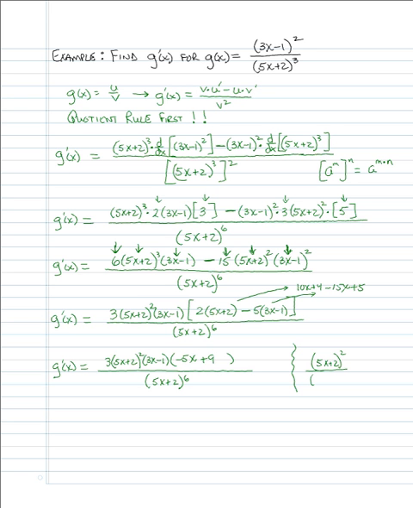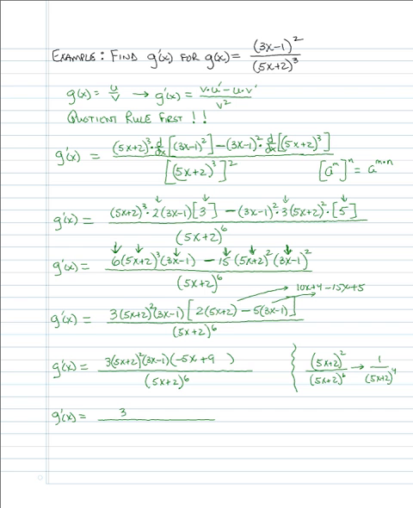And on bottom, I have 5x plus 2 to the sixth power. And so I really have left from this part a 5x plus 2 to the fourth power down below, don't they? The two of the factors on top cancel with two of the factors on bottom, leaving four factors on bottom.